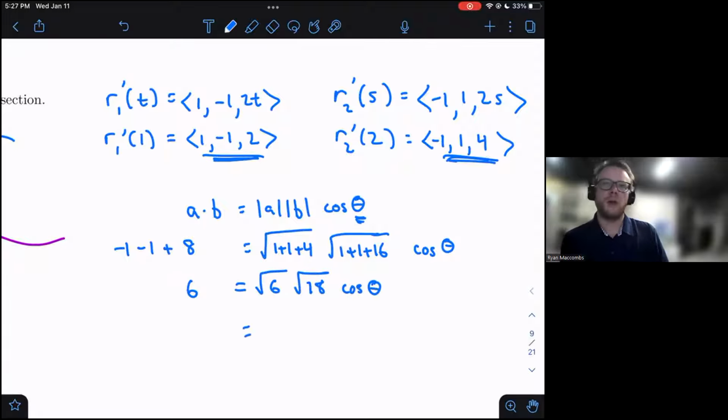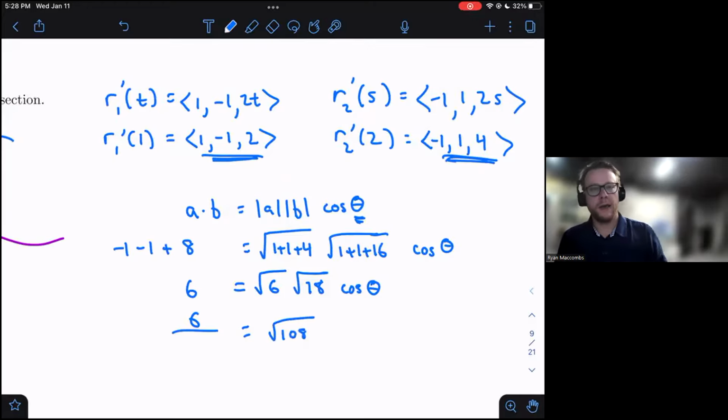And so in order to solve for theta, let's go ahead and divide here. And by the way, there is some simplification that we can do here. So 6 times 18 is going to be 108, right? So √108. And if you spend some time simplifying that, that's the same thing as 36 times 3. So the square root of 36 actually has a very nice square root, mainly 6. And so this is just on the side here.